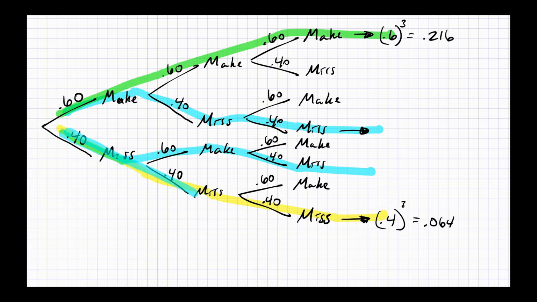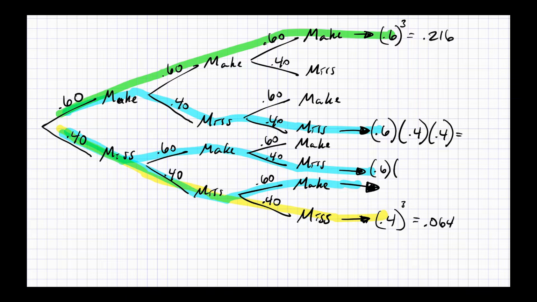And then miss, miss, make. 3 different ways to make 1 shot. In the end, they all make only 1 shot. So what numbers do we multiply for each? 0.6 times 0.4 times 0.4. We have the same probability for each, so we're going to multiply and add.